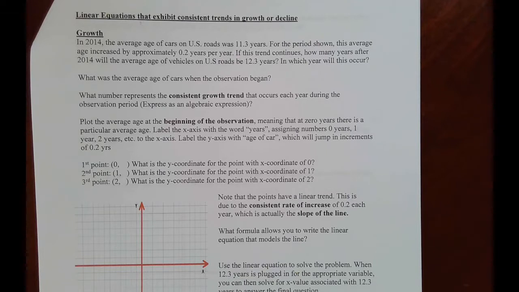For the period shown, this average age increased by approximately 0.2 years per year. If this trend continues, how many years after 2014 will the average age of vehicles on U.S. roads be 12.3 years? In which year will this occur?